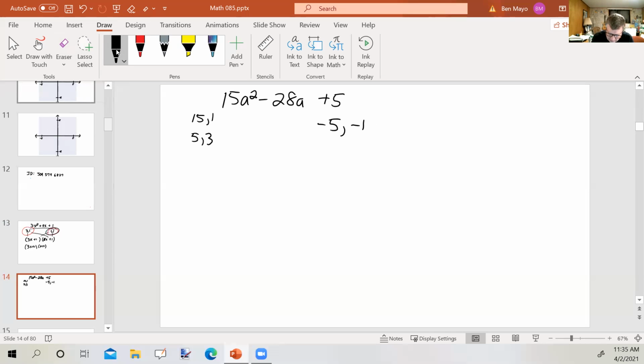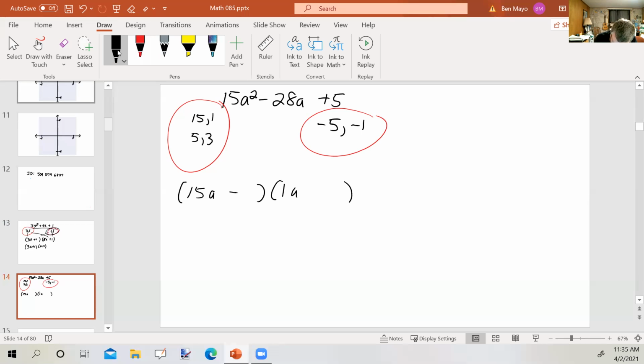So now, the numbers over here are the leading coefficients of the binomial factors, and these numbers would be the last terms in those binomial factors. Let's see how many combinations. I could have 15a and 1a and -5 and -1.